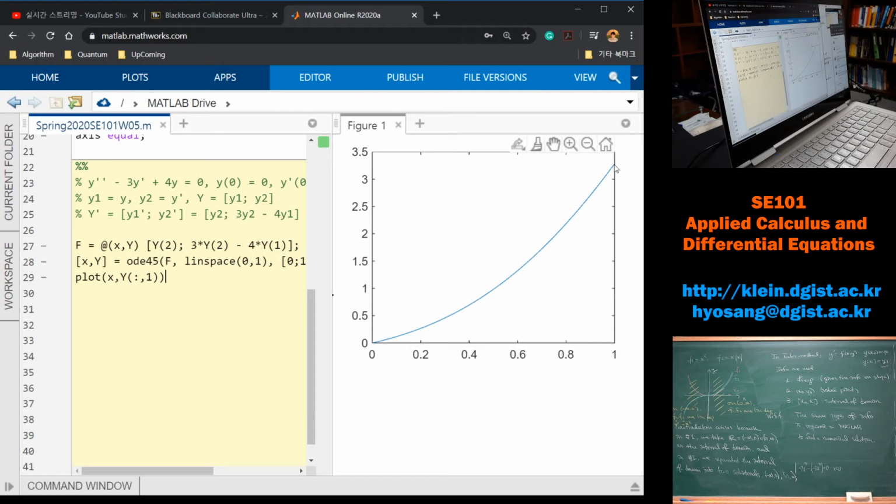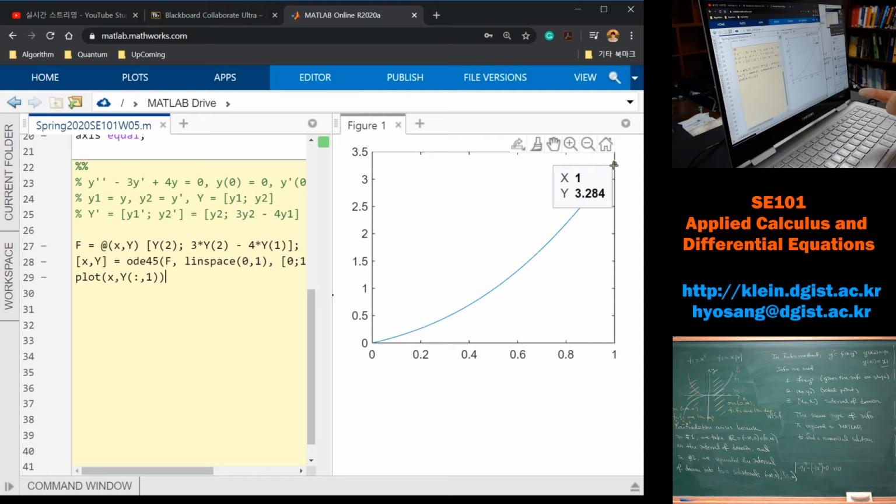Well, sometimes if you point your cursor to the graph, then it gives the coordinate of that point, and in this case it just happened to be the point when x equals 1, and now y is 3.284.